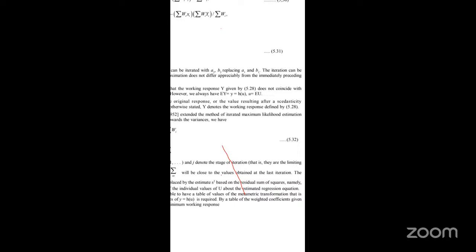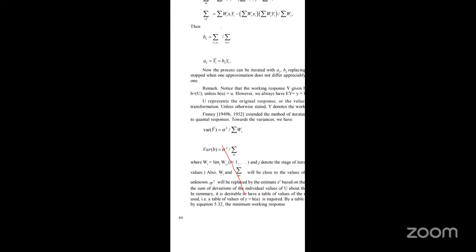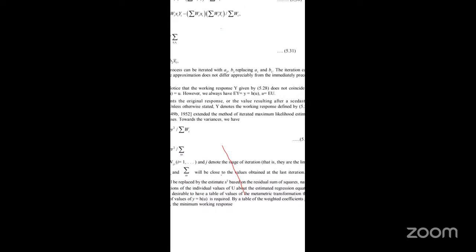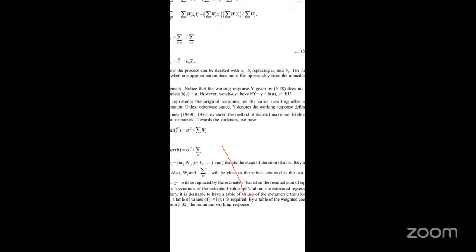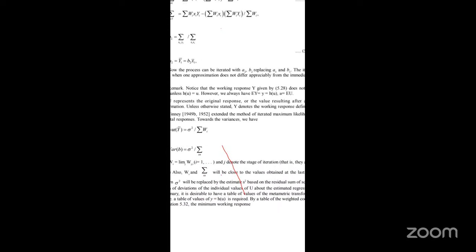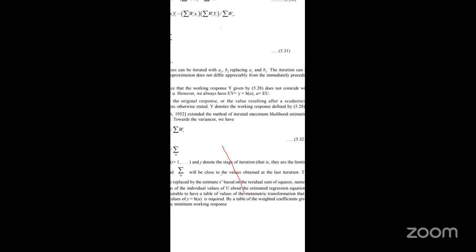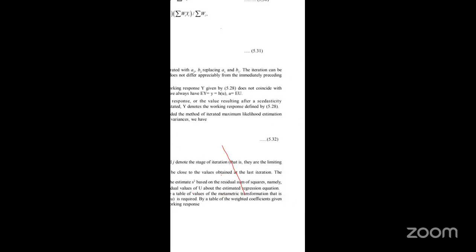So here summation w and summation w x² will be close to the values obtained at the last iteration. The unknown sigma² will be replaced by the estimate s² based on the residual sum of squares, namely the sum of squared deviations of the individual values of capital U about the estimated regression equation.